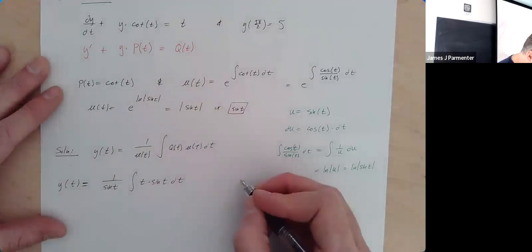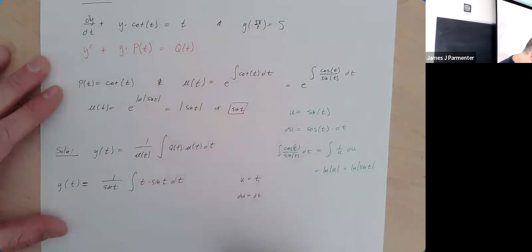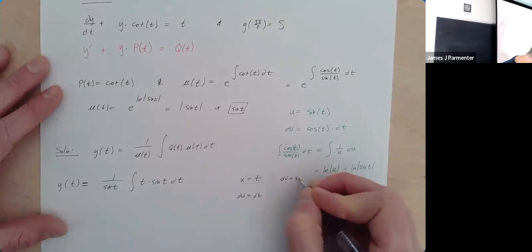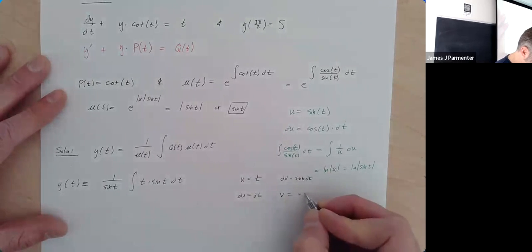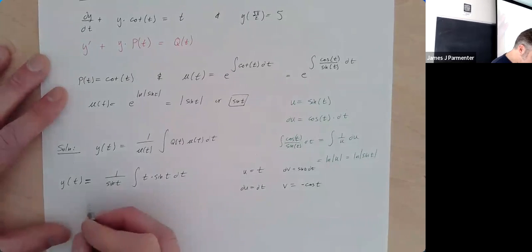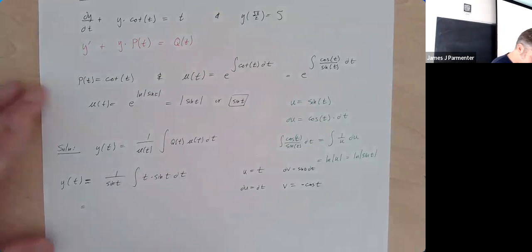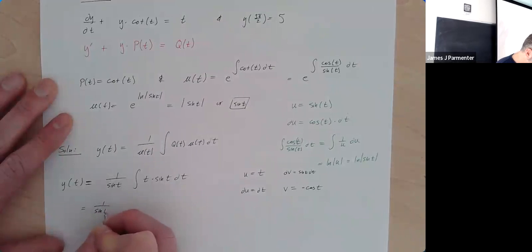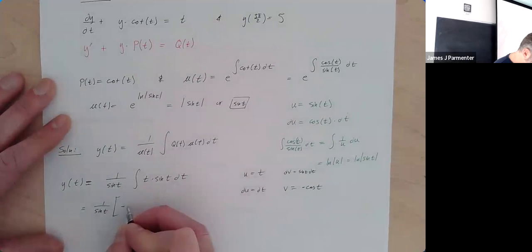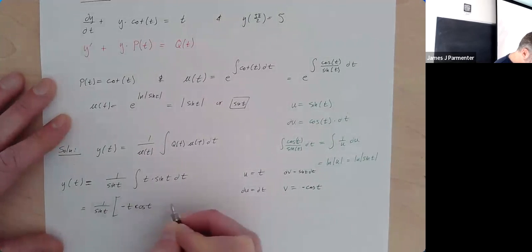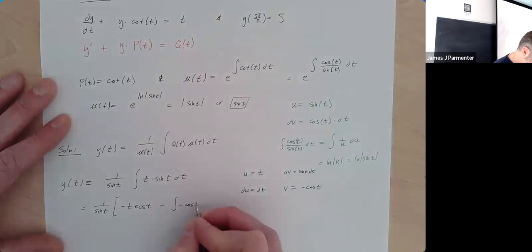So let's see here. Our u is going to equal t. Our du is going to be 1 times dt. Our dv is the rest, which is sine of t dt. And our v is the antiderivative of sine of t, which is negative cosine of t, sorry. So then this is going to end up equaling 1 over sine of t, which I might write as cosecant, times the integral of t sine of t, which is u times v, so negative t times cosine of t, minus the integral of v du, which is negative cosine of t dt.